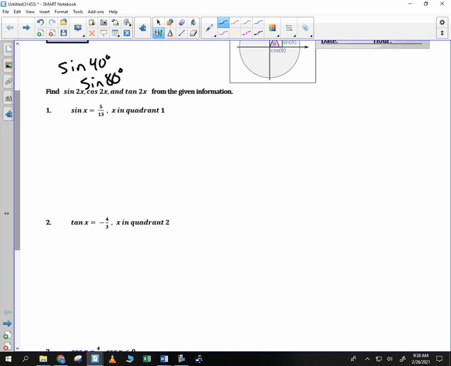So I always start out by writing sine of 2x, cosine of 2x, and tangent of 2x. And I always start with this formula. There's only one option for this formula, and it is 2 sine of x, cosine of x.